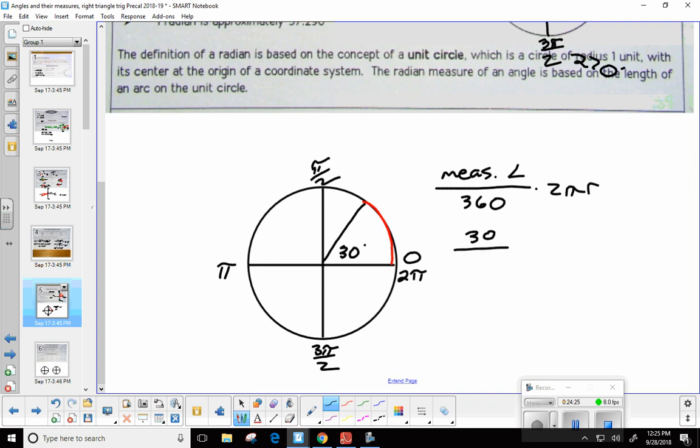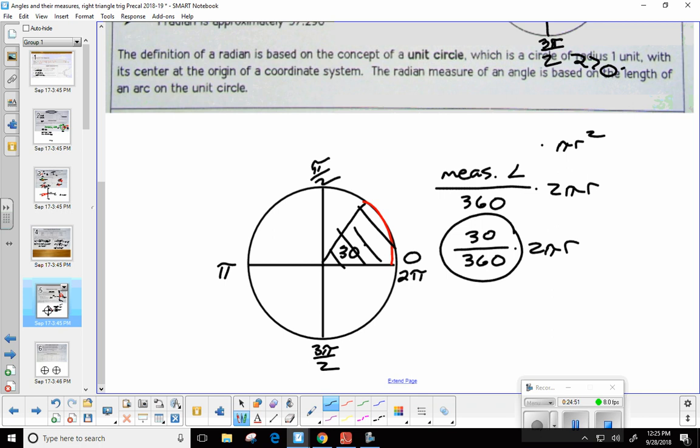So I would take 30 over 360 times 2 pi r, whatever my radius was, because this is just basically taking a portion of the entire circumference. Now, if I wanted to do the same thing for finding the area of a sector, well, then I would still take the measure of the angle over 360, but in that case, I would multiply by pi r squared.